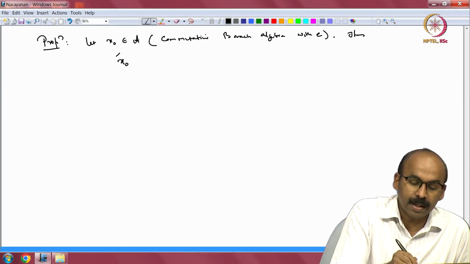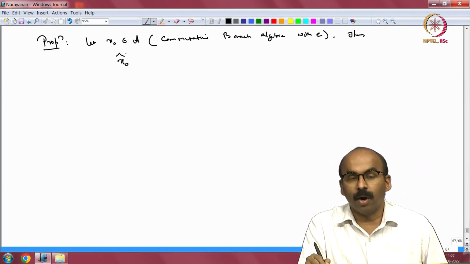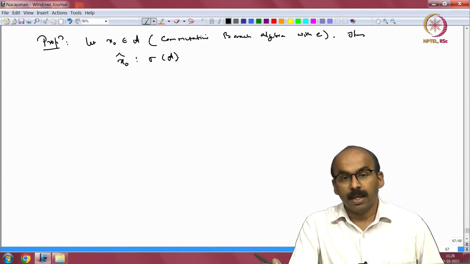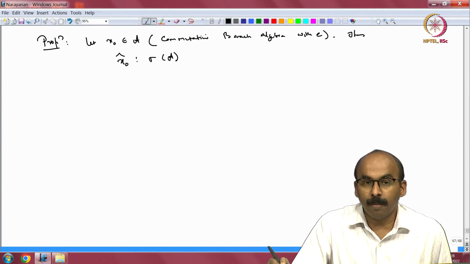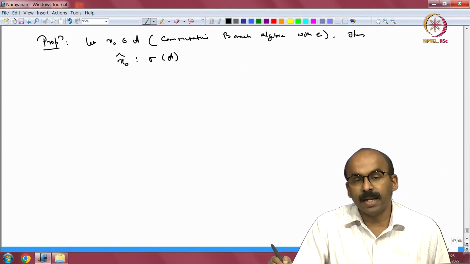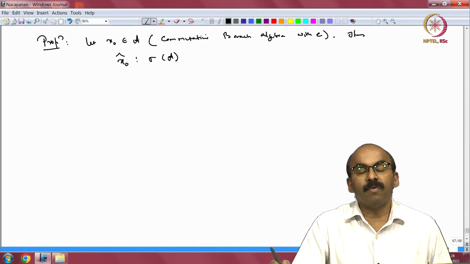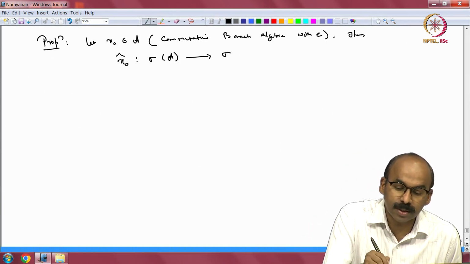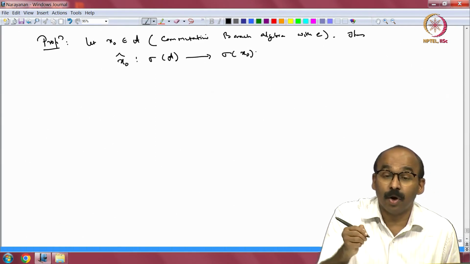x naught hat, the Gelfand transform of x naught, maps the spectrum of A, which is the collection of all maximal ideals or the multiplicative linear functionals on A, and we know that it maps into the spectrum of this element x naught.